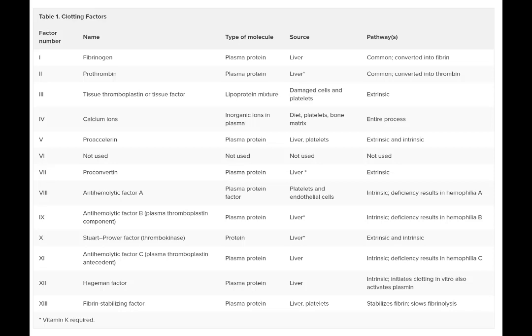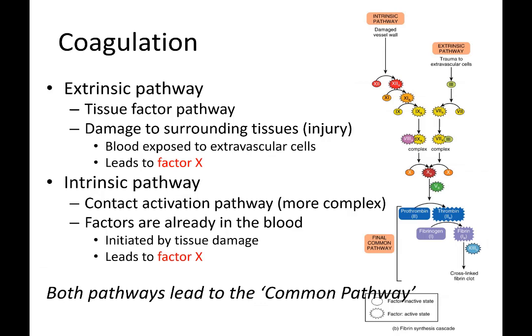And not only do you see these here with these Roman numerals, but look back here, we can see some of these Roman numerals, although tiny, have subscripts. So not only do you have number 7, but you can have 7 subscript A, which means there's subscript B. There are loads of these things. So you can see where with hemophilia, you can have a problem with the expression of any of these. So there's a lot of things that can go wrong. I want you to have an appreciation of the complex nature, but we're still going to thin this out and hopefully make it a little more manageable.